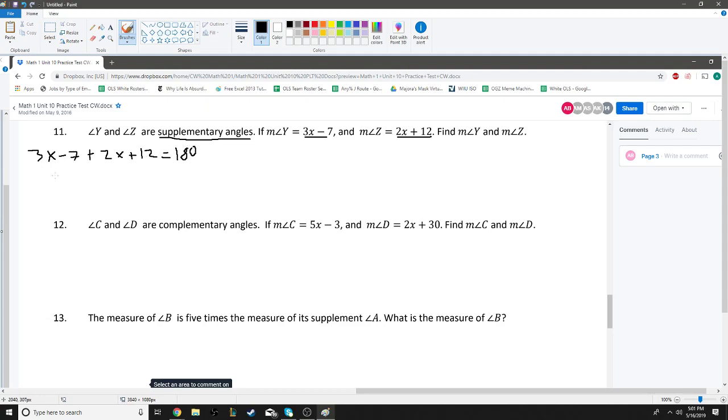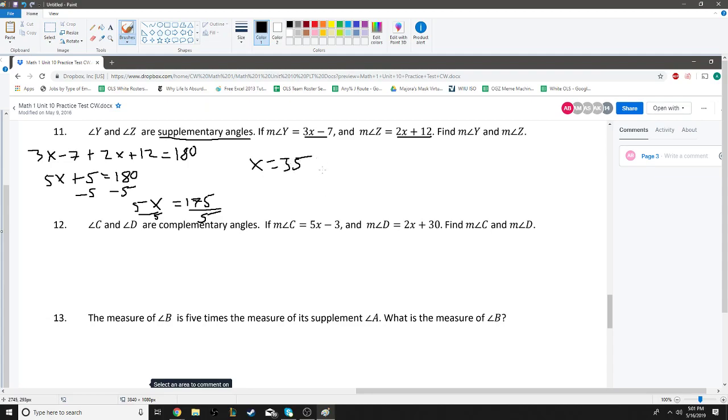Combine like terms to get 5x plus 5 equals 180. The opposite of plus 5 is minus 5, so we subtract 5 from both sides. And therefore 5x is equal to 175. And we divide by 5 on both sides to get x equals 35.